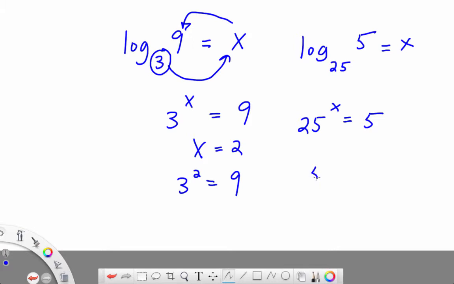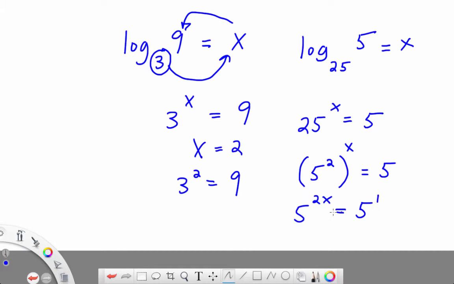One way that a lot of students like is to rewrite the 25 as a power. So the 25 becomes 5 squared. This quantity is raised to the x power, and that equals 5. 5 squared all to the x is 5 to the 2x. This equals 5. And there's an implied 1 here. 5 is 5 to the first.